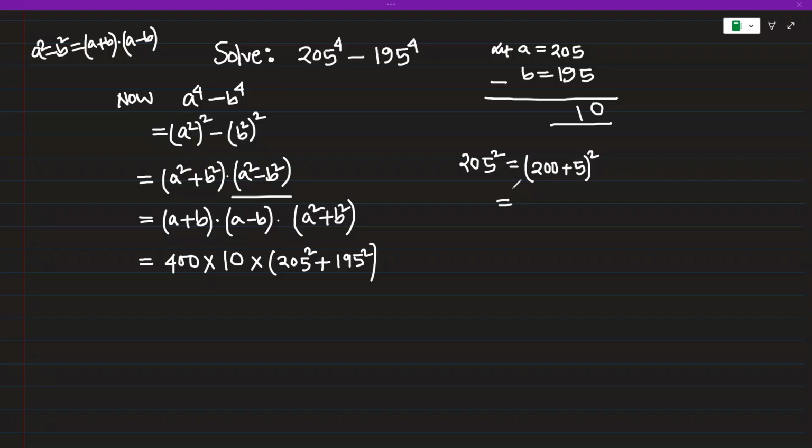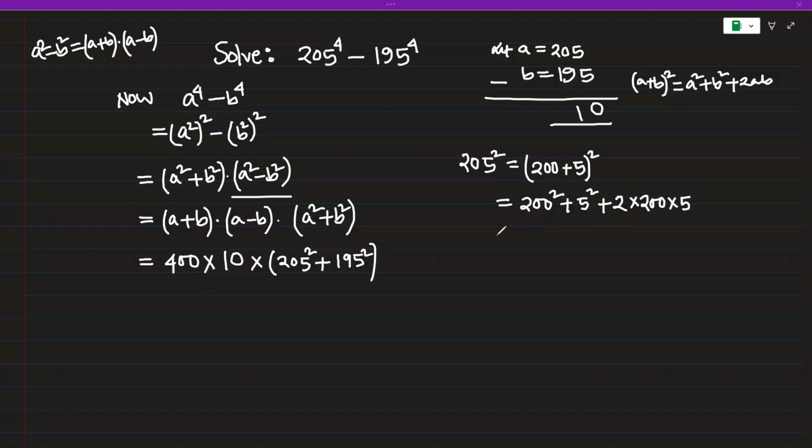Now we use an algebraic identity, a plus b power of 2 equal a square plus b square plus 2ab. So we can write that 200 square plus 5 square plus, we need to multiply that 2 times 200 times 5.